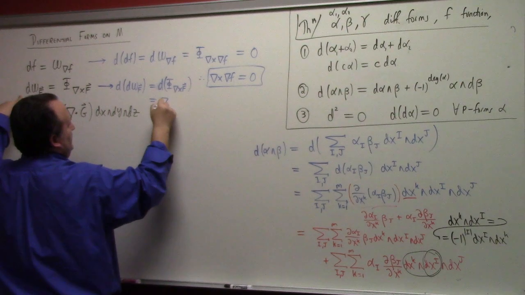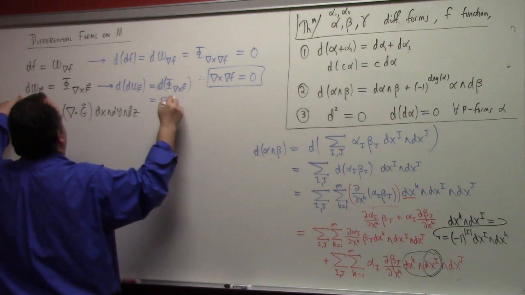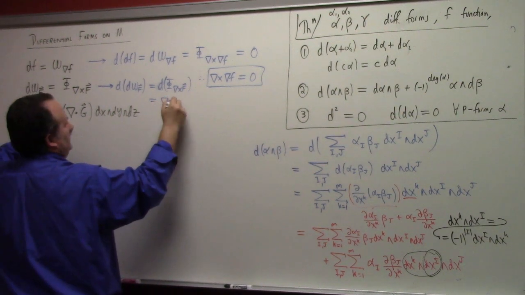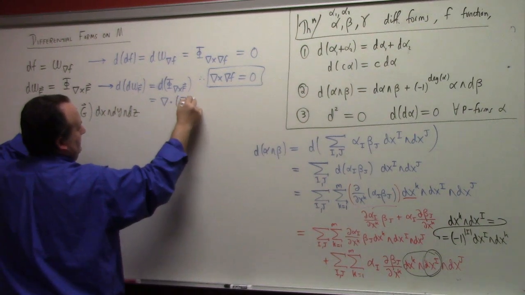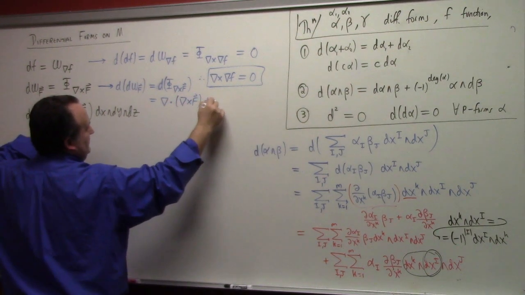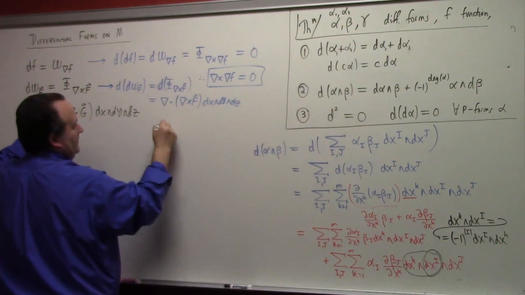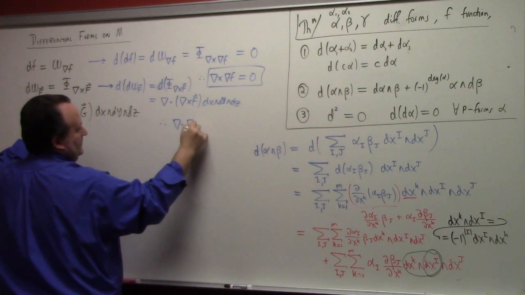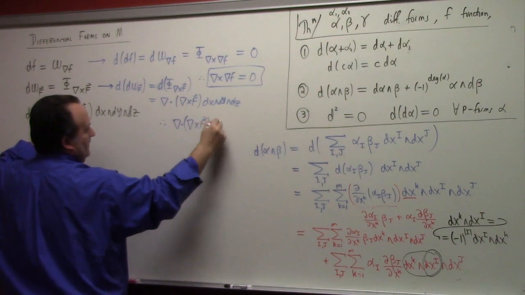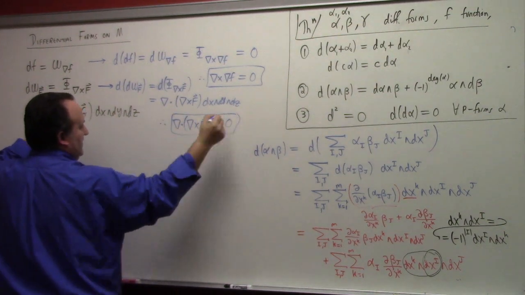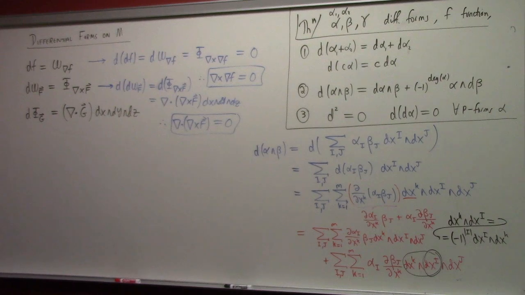Which is the divergence of the curl, times dx wedge dy wedge dz. So therefore, the divergence of the curl is equal to 0. Now, if you've studied vector calculus, you've seen these identities before. They're super useful on tests and such.